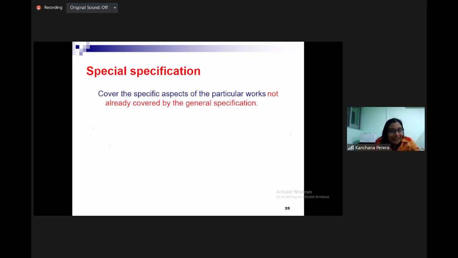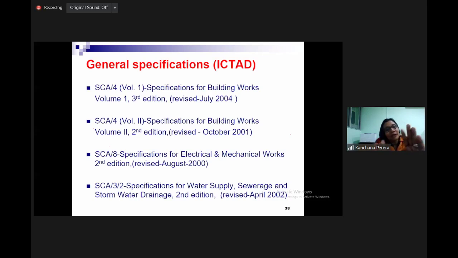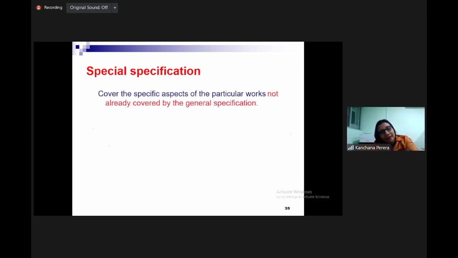Okay, is it clear? It's just like particular conditions of contract. So what we do is delete some specification clauses, add new clauses or change with the use of the special one. But for the general one, we give the reference as it is. We cannot change or customize these documents except with the special specification. Right? Okay.